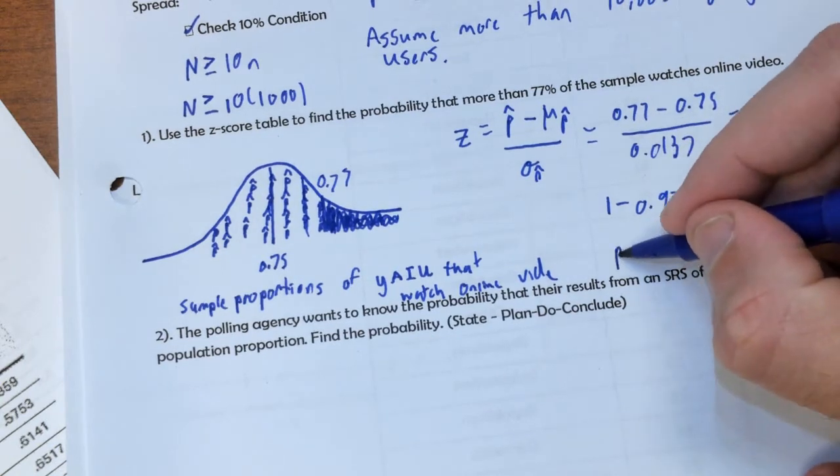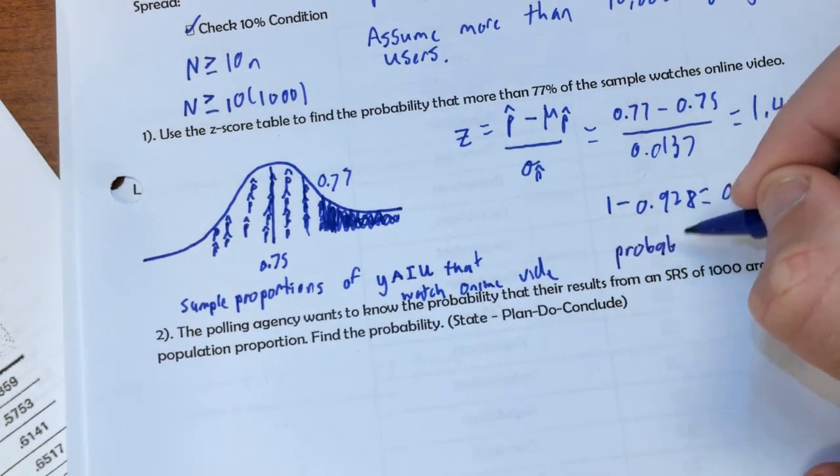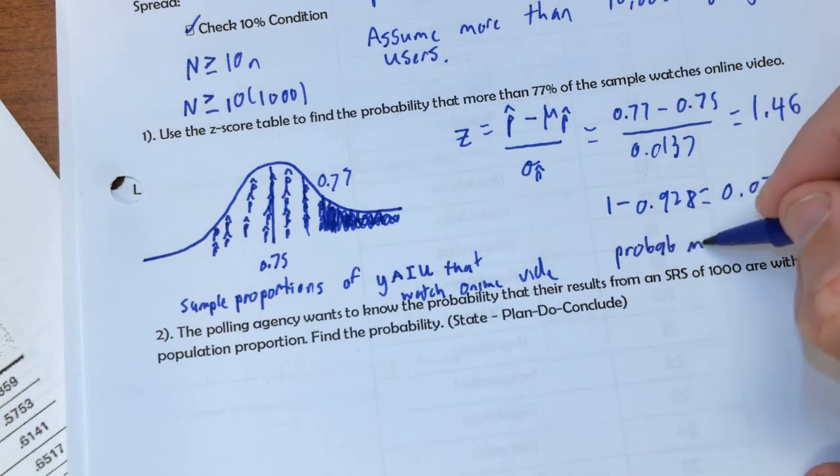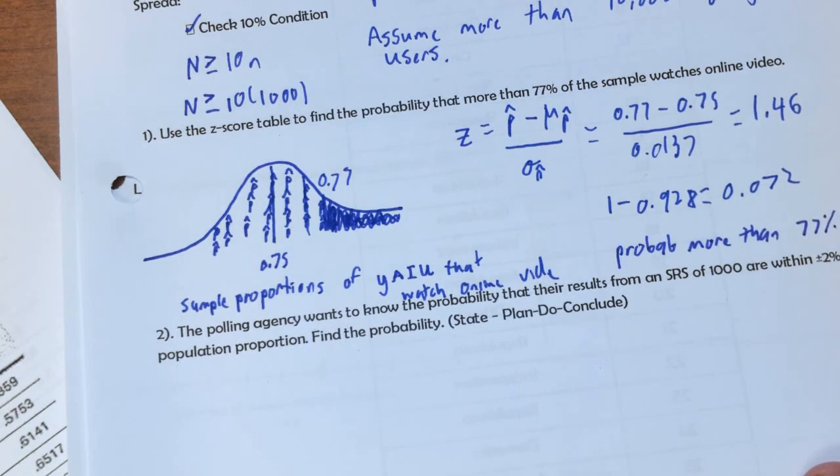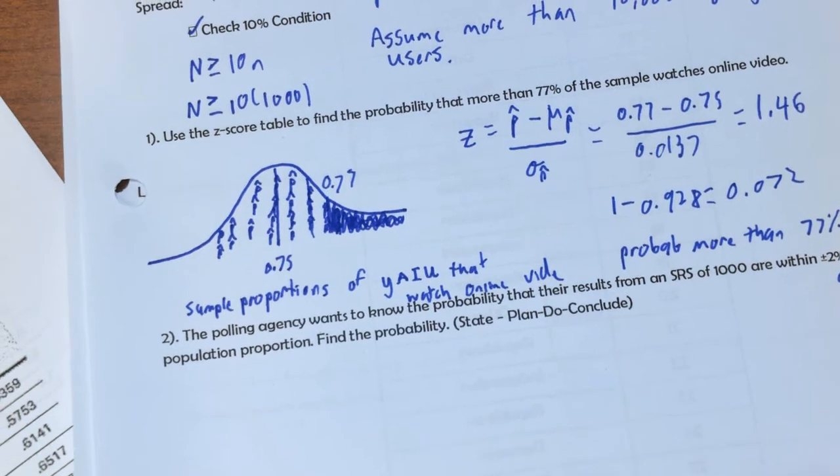So the probability that more than 77% of a sample watches online video is 7.2%.